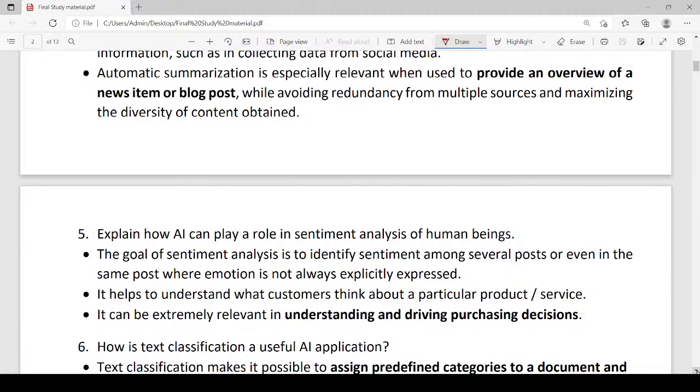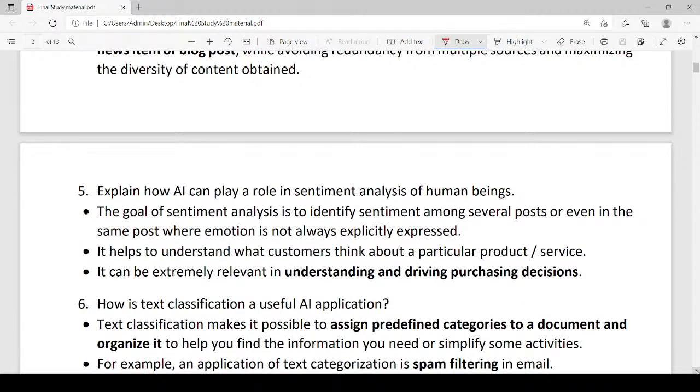You have not come across this term, text classification? Okay, here we are taking the given text and assigning it into predefined categories, and then organizing it so that we can make use of the information. Now, if you have a lot of mails coming into your account, you classify them and organize them into different folders, isn't it?